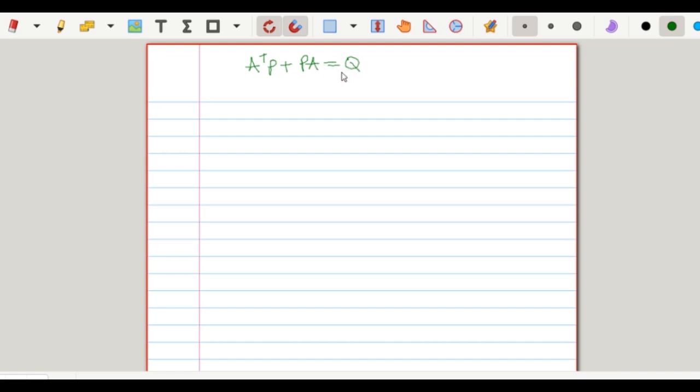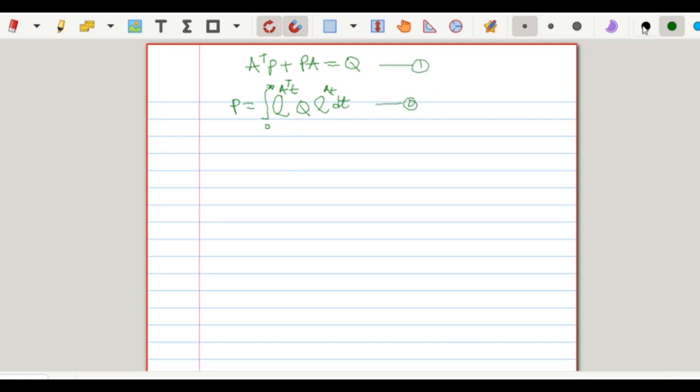But then we have the value of P. P is known to be an integral from 0 to infinity of exponential A transpose T Q exponential AT dt. Let's call this equation 1.